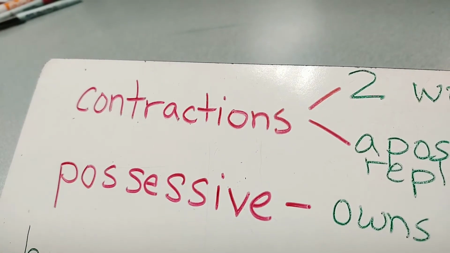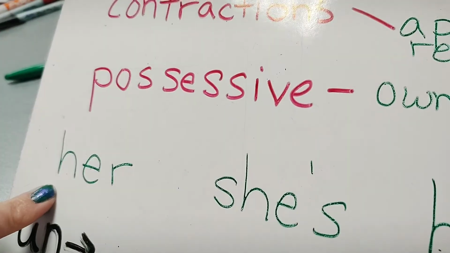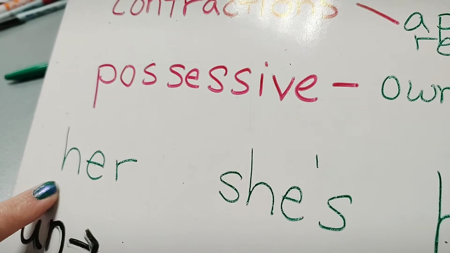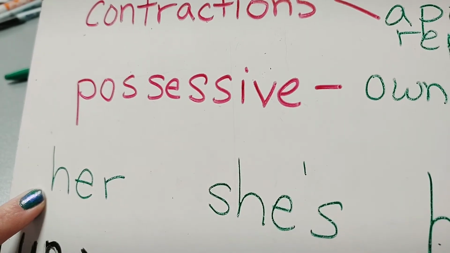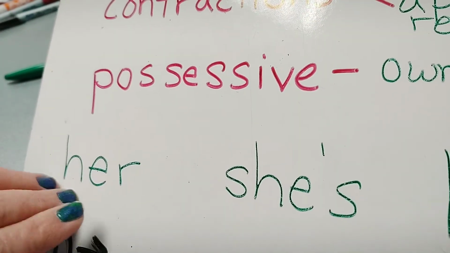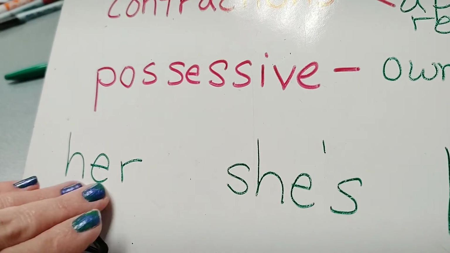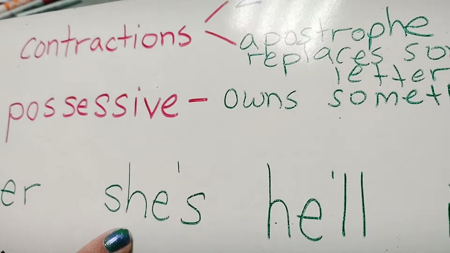So let's look at the word her. Okay, so think to yourself, is it a contraction or is it possessive? If you said possessive, you are correct because it's not two words squished together and there's no apostrophe, so it has to be possessive. She's.